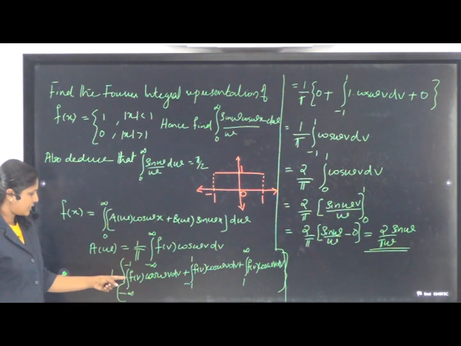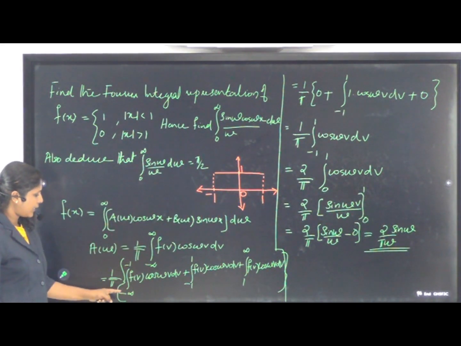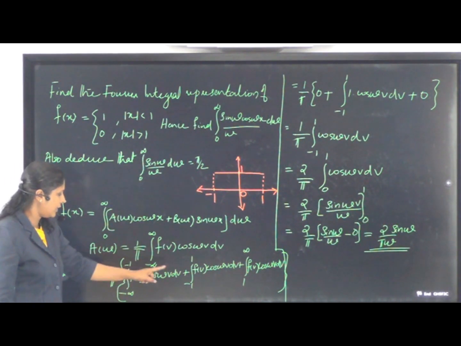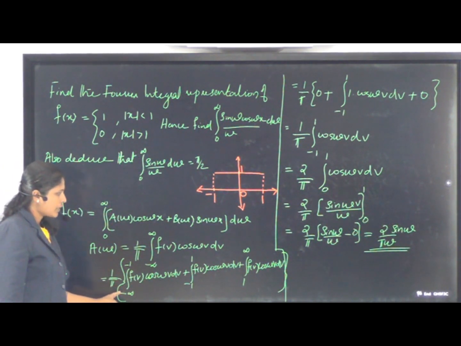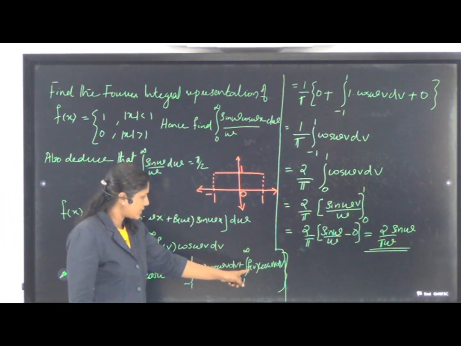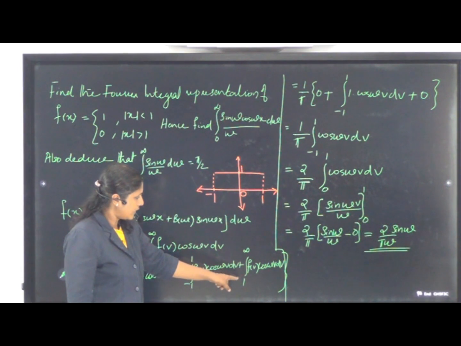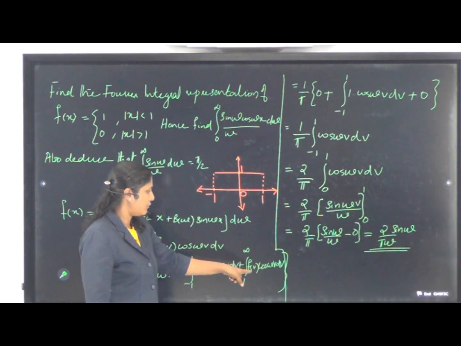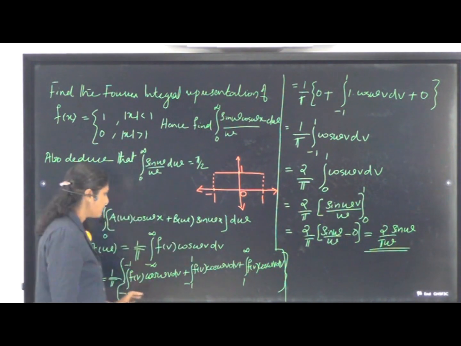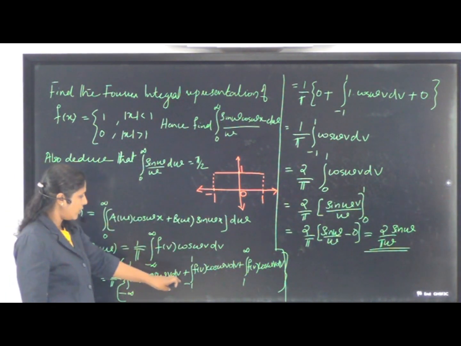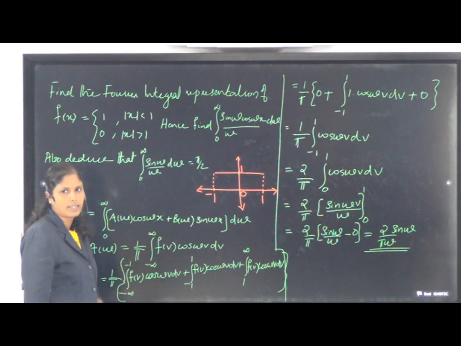Therefore, the first term 1 by pi integral minus infinity to minus 1 f of v cos omega v dv becomes 0 because f of v is 0 in this interval. And also in the last interval, 1 to infinity, f of v is 0. So the last integral becomes 0. F of v is non-zero only in the interval minus 1 to plus 1.